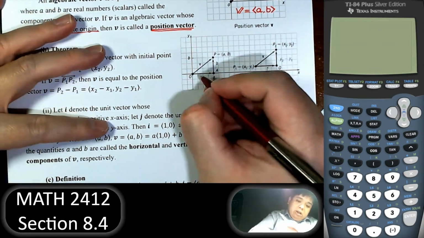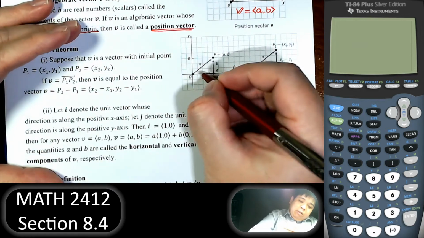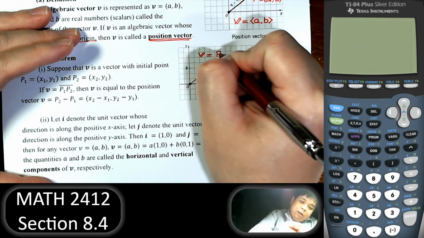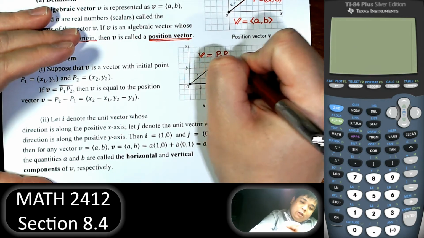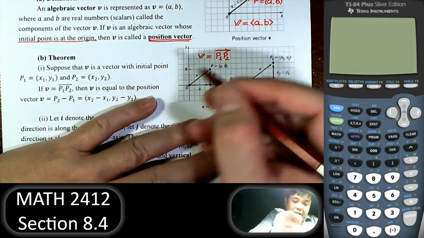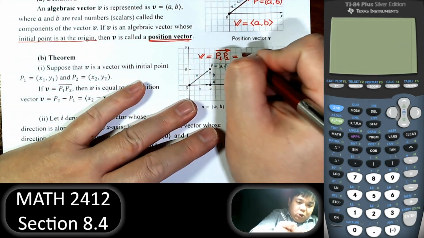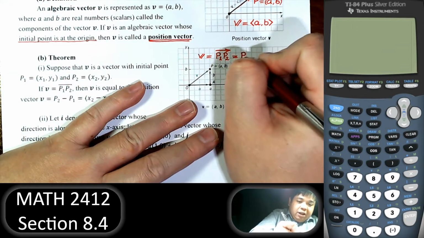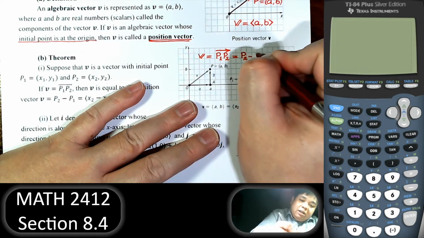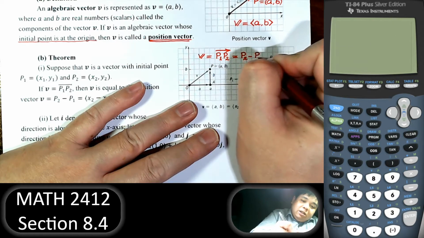So in general, we say vector v is equal to vector P1P2. It is a vector, so there's an arrow on top of it. It will be equal to the coordinates of the end, the head, minus the tail.